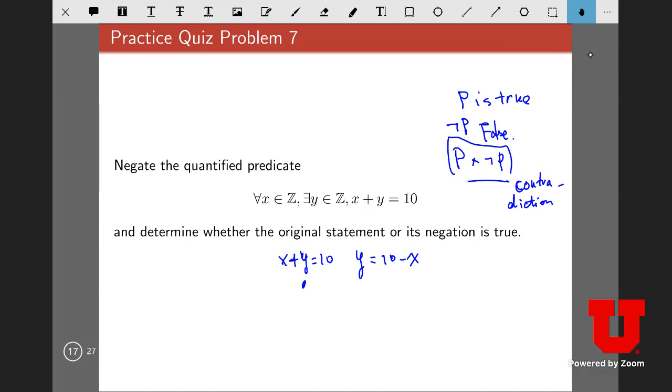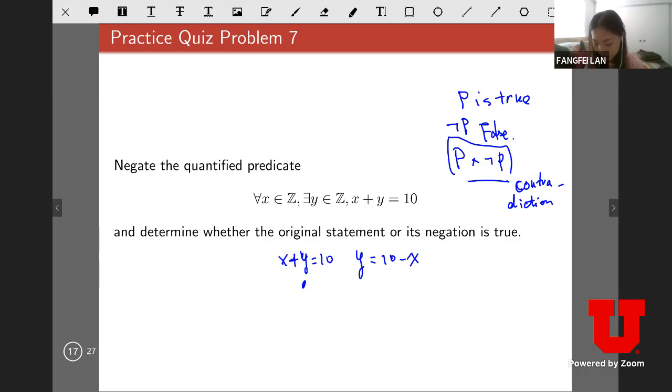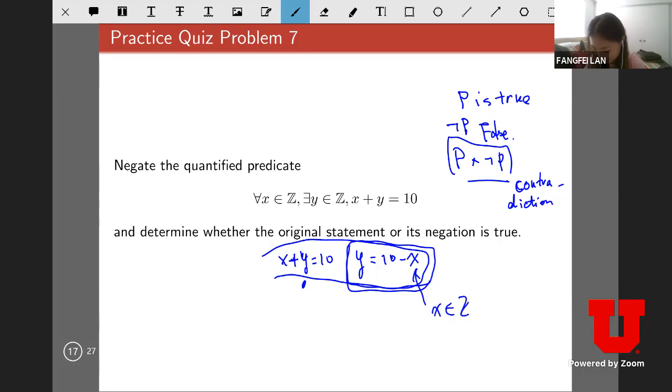If the statement says for all x in Z, there exists y in Z such that the statement is true, we have now established that these two statements are equivalent. No matter what we plug in as x, we will always find a y based on this equation.